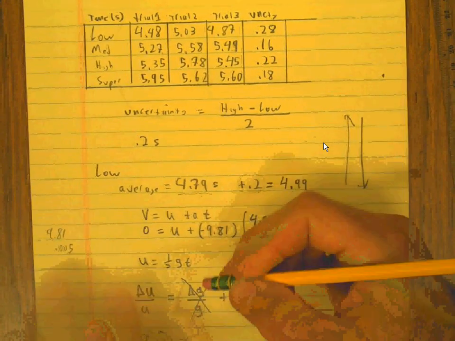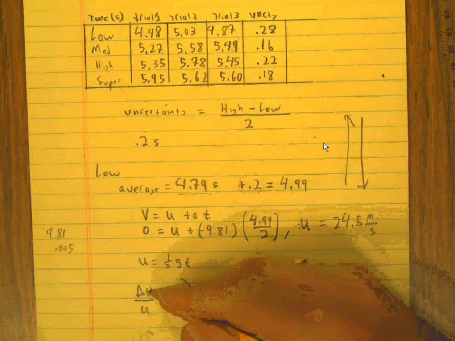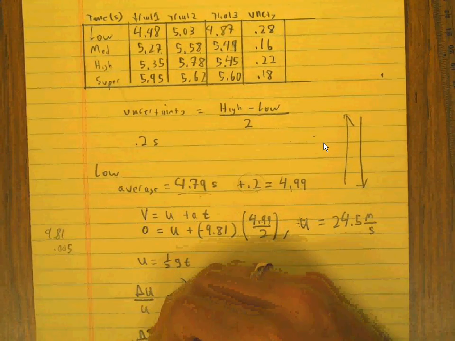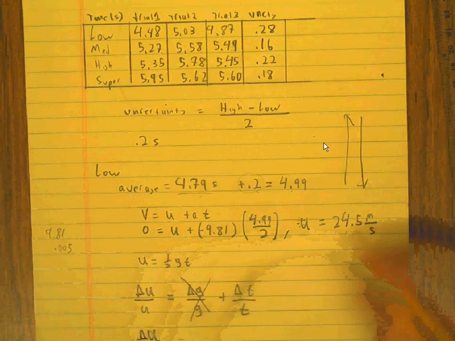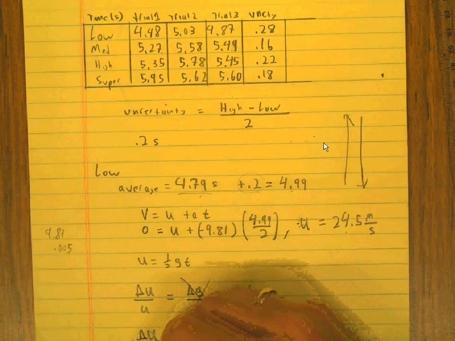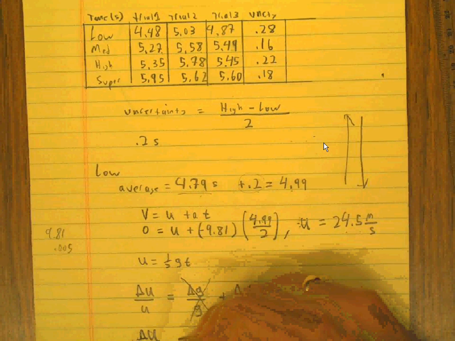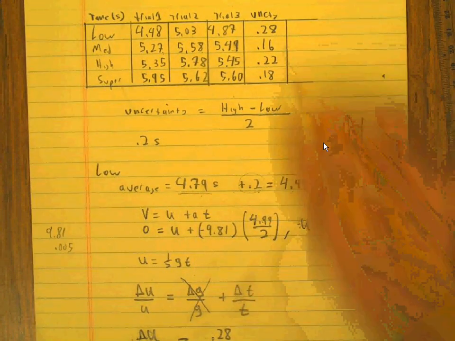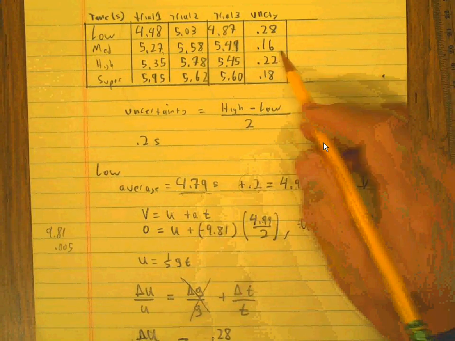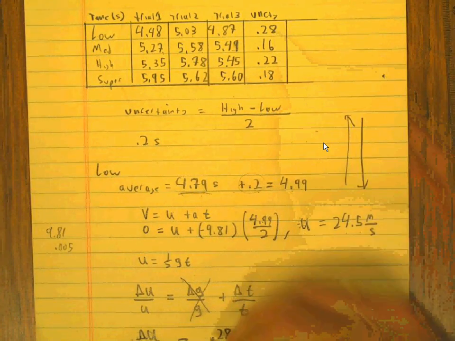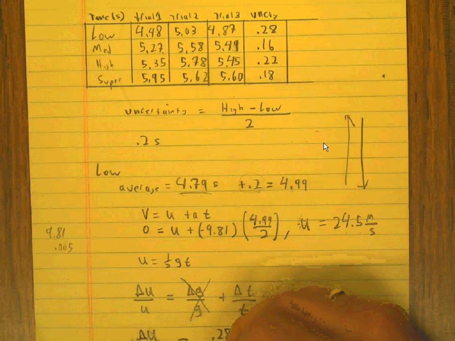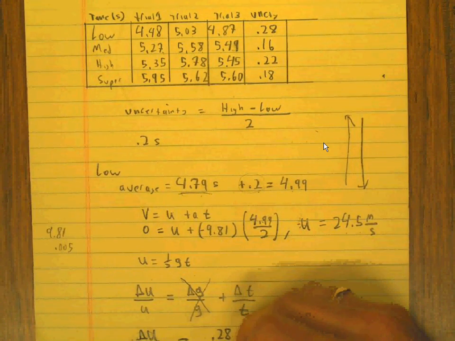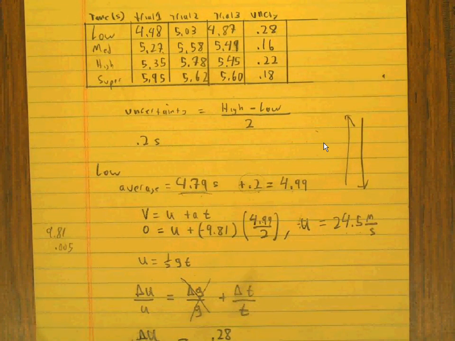Let's try this again. This should be the velocity, right? So the uncertainty of the velocity is to the velocity, 24.5, equals 0.28 over the average, right? So 0.28 comes from here, and that is over the average, which is 4.79. Now we're all set.